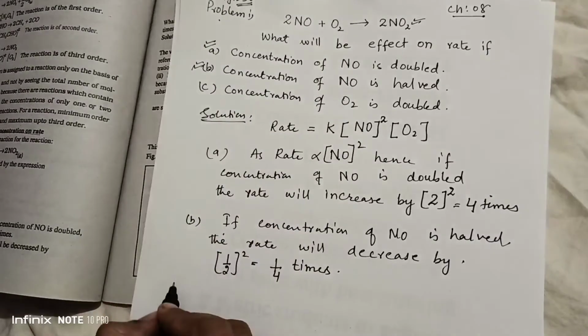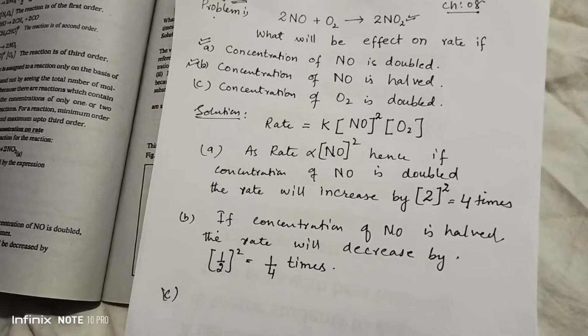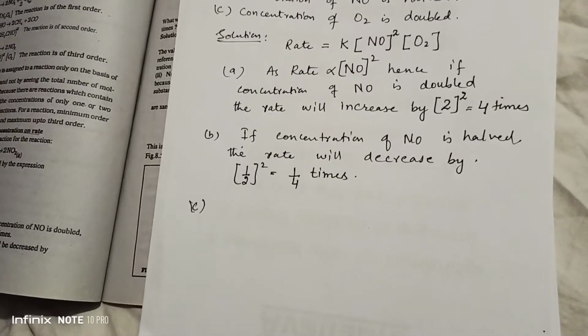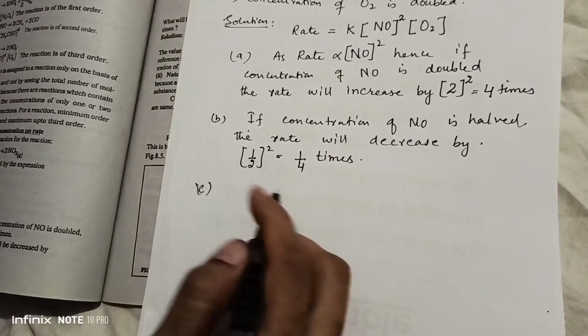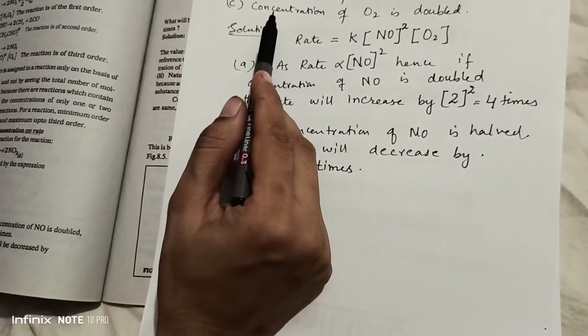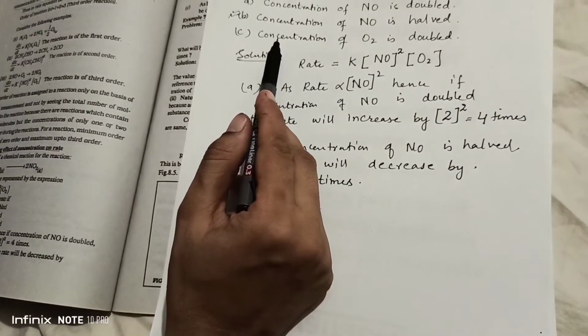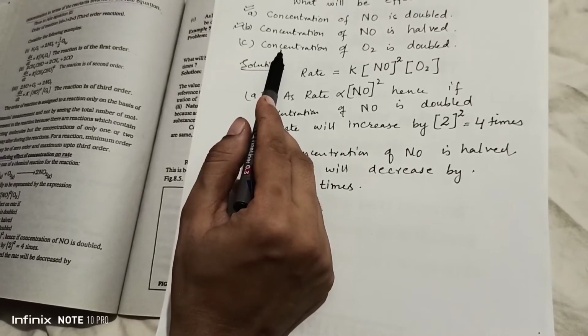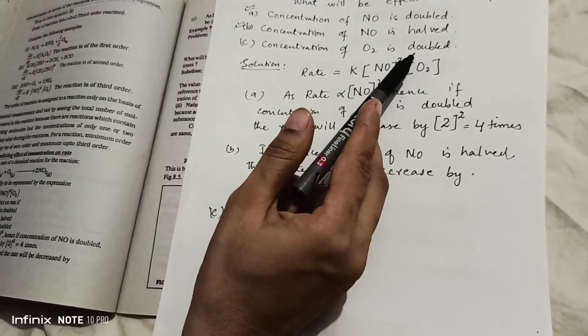Now let's start the C part, the last part. What will be the effect on rate if the concentration of O2 is doubled?